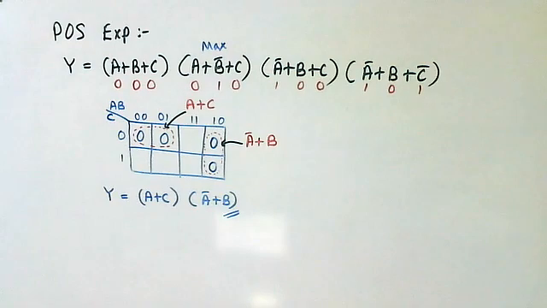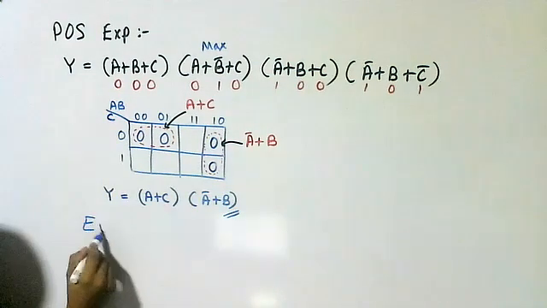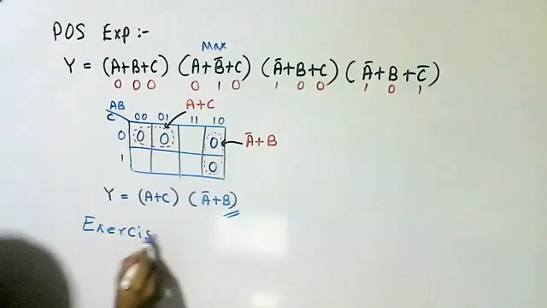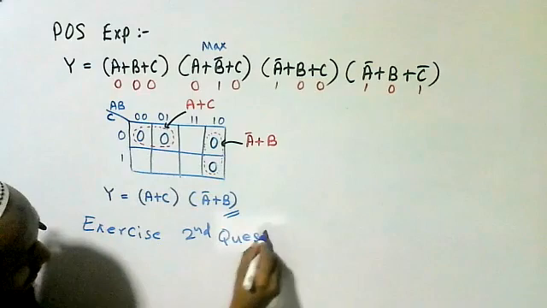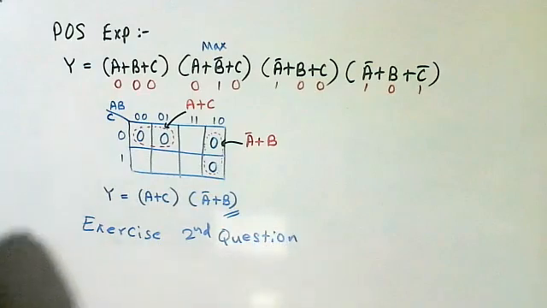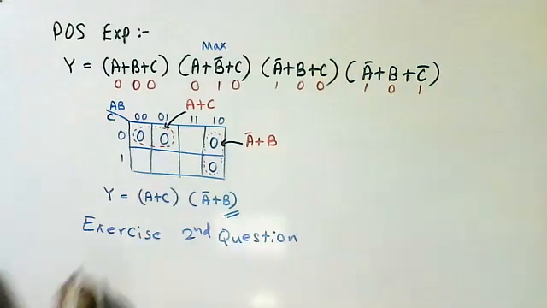Right. Then I'll give an exercise. In the second truth table, we got an SOP and POS expression. So I'll give that POS expression to simplify. I'll mention that POS expression here.